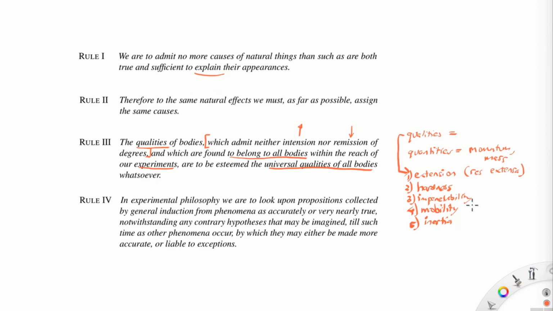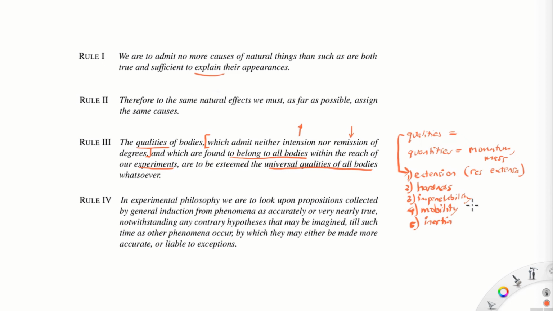And where he's aiming here is he's going to say that if we find, for example, that all bodies around us, like rocks and mountains and apples and so on, seem to gravitate toward the Earth, and if the moon gravitates toward the Earth, and if the sun gravitates toward the moon, and if the planets gravitate toward one another, and if comets gravitate toward the sun, then those are all bodies that seem to exhibit the quality of gravitational attraction, and we can conclude then that all bodies have a principle of mutual gravitation.